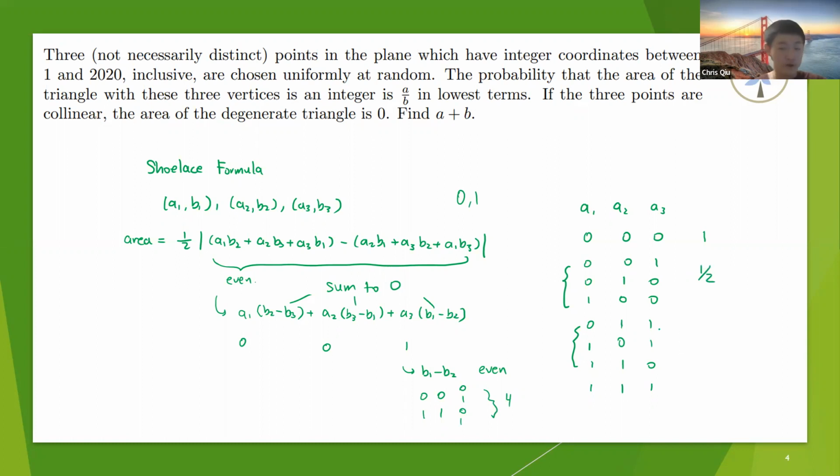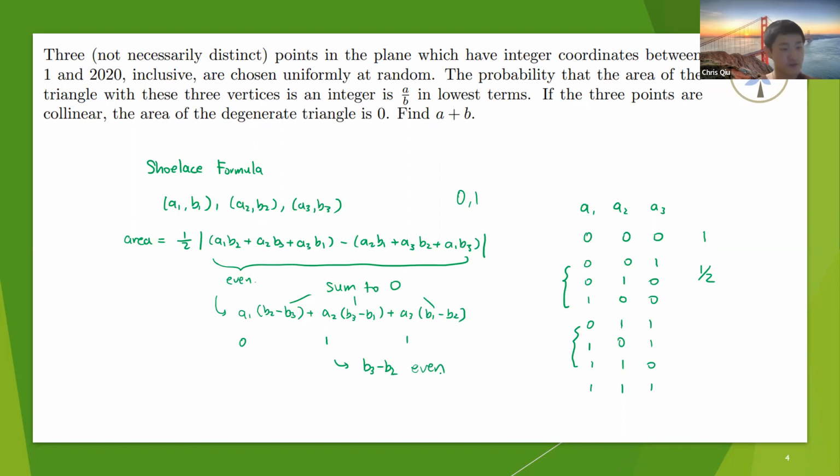And you can argue something similar for the next case, which is if we have 0, 1, 1 as a1, a2, a3. If we have 0, 1, 1, then we can rewrite our expression as b3 minus b1 plus b1 minus b2, which is b3 minus b2.